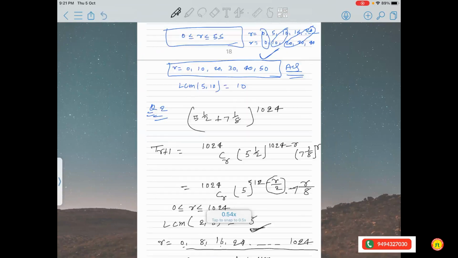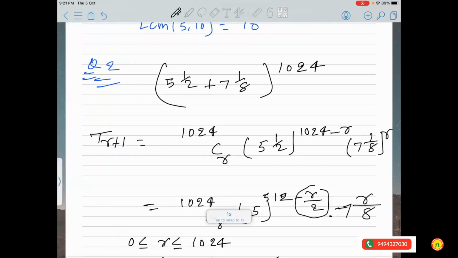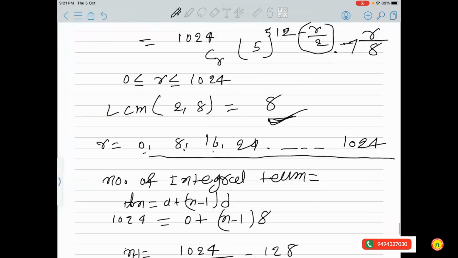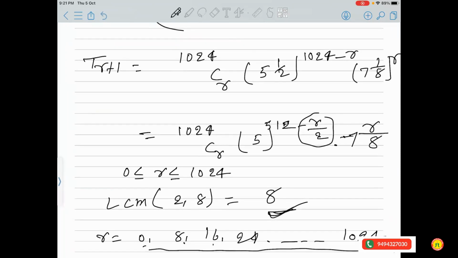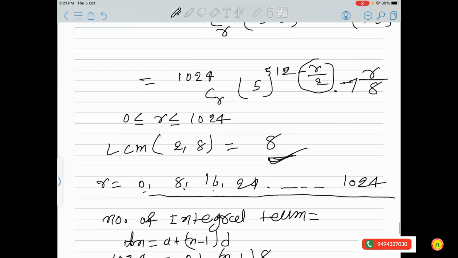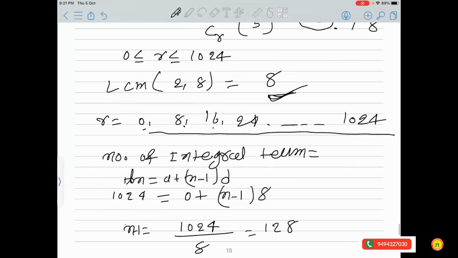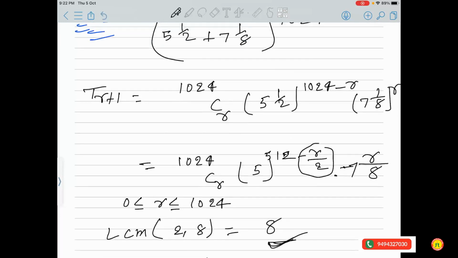It means if you put r is equal to 0, it becomes 5 power 1024 and 7 power 0 by 8, right? So it gives the integral coefficient, right? And if we put r is equal to 8, it becomes an integral coefficient, right?